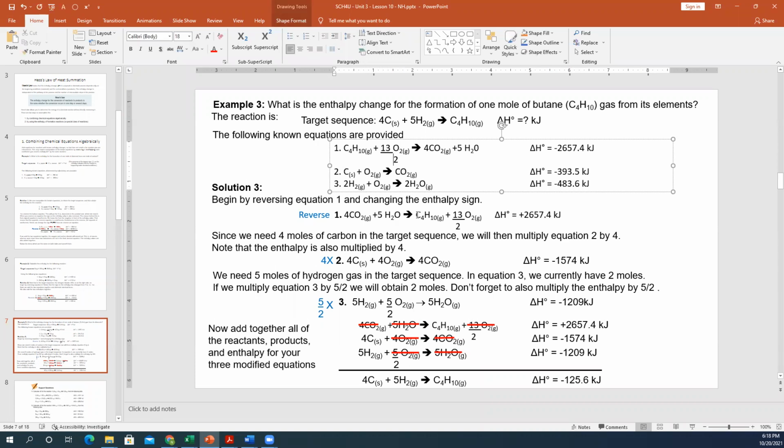Let me just move this back a little bit to make sure we understand that this is 13 over 2. This is a fraction value here, 13 over 2 O2s. So we are given that butane plus 13 over 2 O2s goes to 4 CO2s plus 5 H2O.